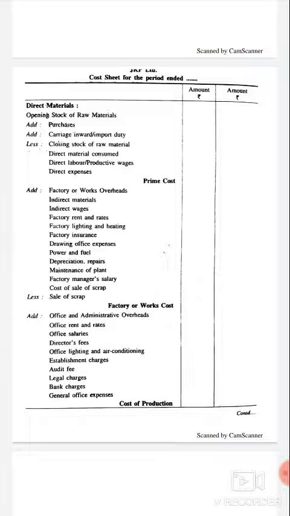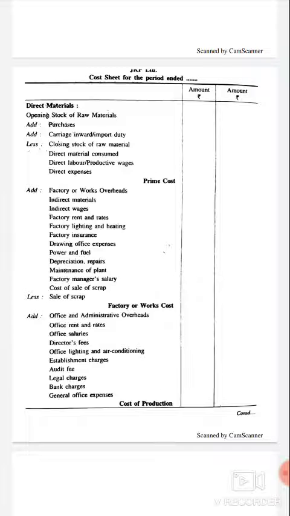Then we add office and administrative overheads in factory cost. Examples of office overheads are office rent and rates, office salary, director's fees, office lighting and air conditioning, establishment charges, audit fees, legal charges, bank charges, general expenses.